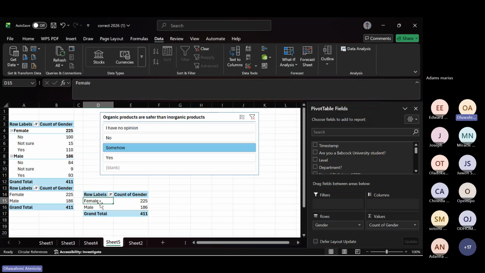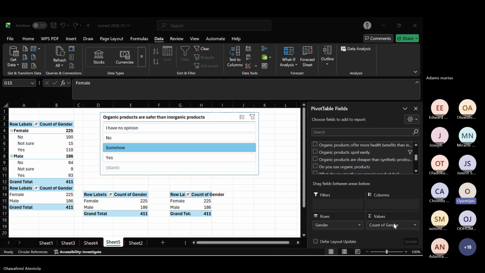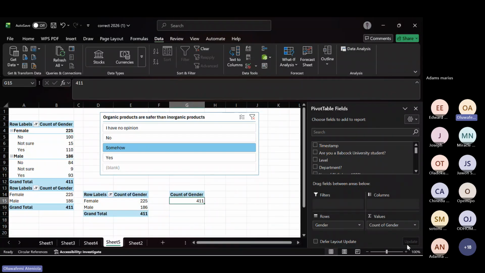And let's see if we can get another one. So when I do control C, and then control V, I hit enter. I'm trying to understand why count of gender is not more. Okay, it is working now.